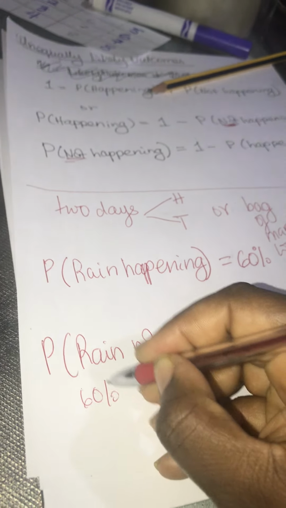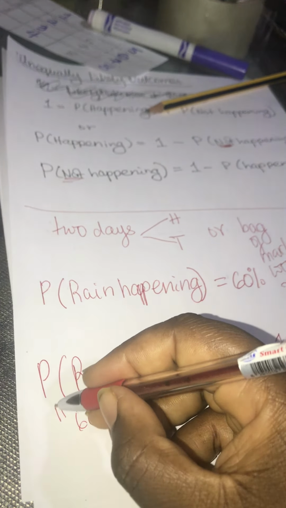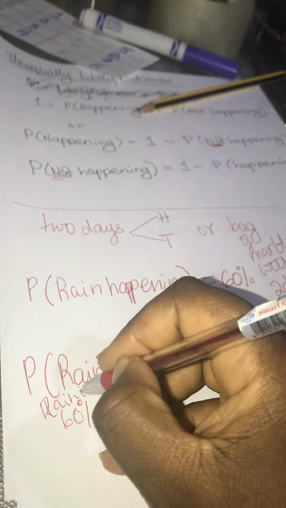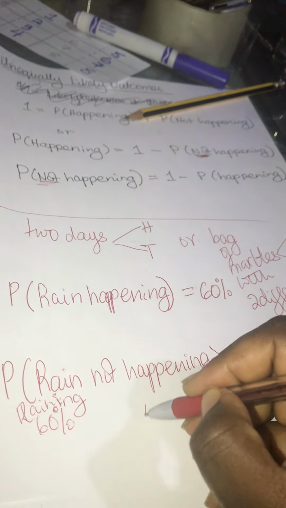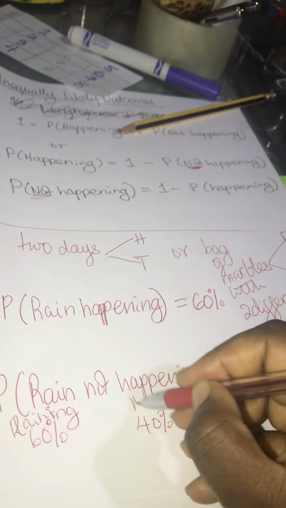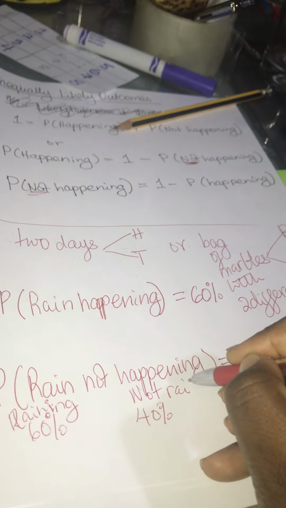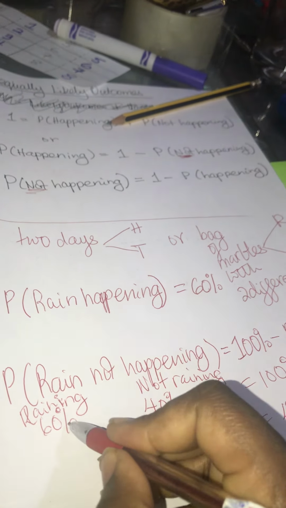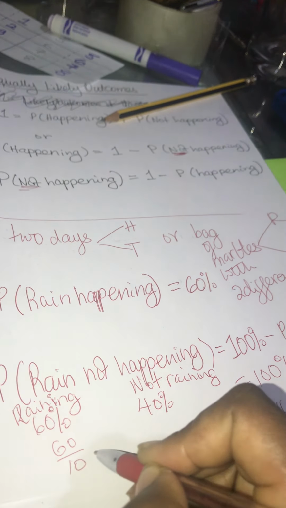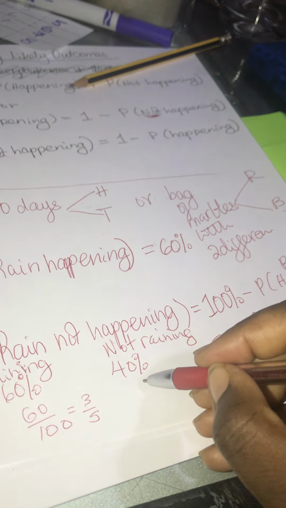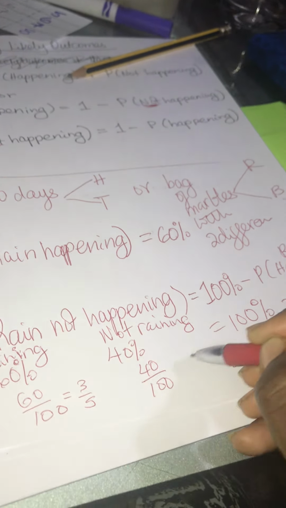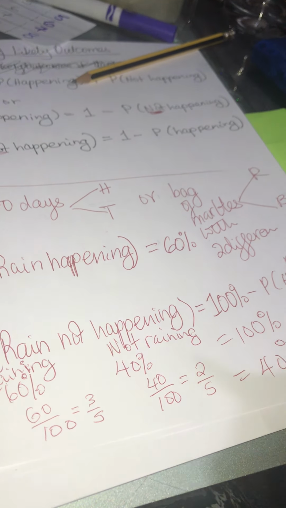Now, how did I get this? I have 2 fractions. I have 60% for raining, and then I have 40% for not raining. 60% is 60 over 100, which is the same as 3 over 5. 40% is 40 over 100, which is the same as 2 over 5.